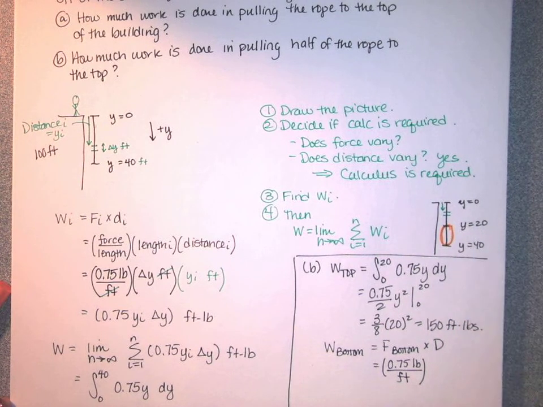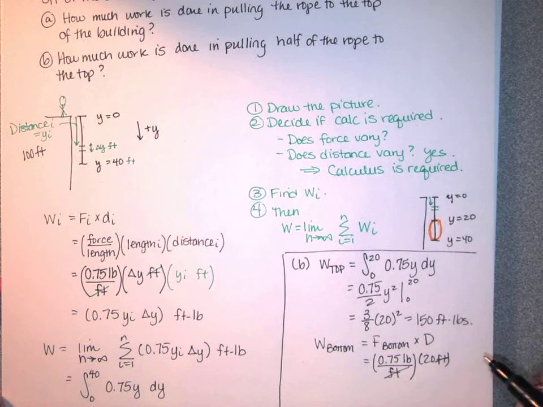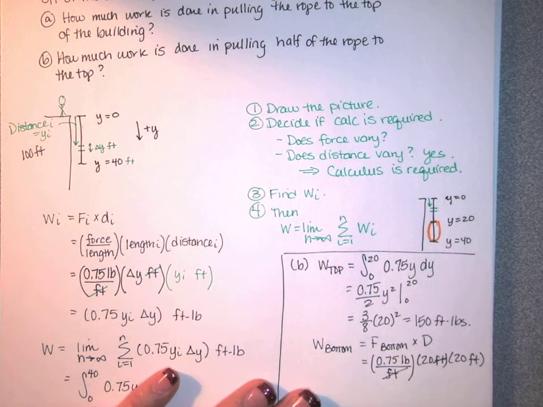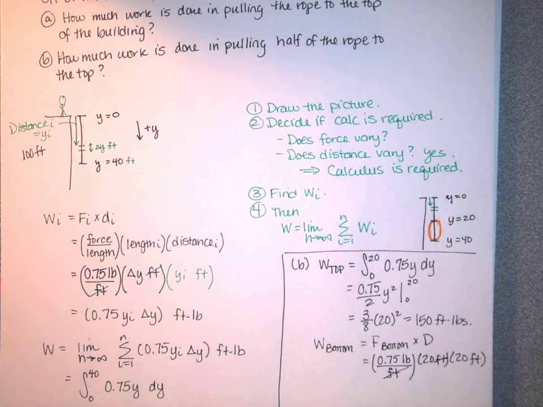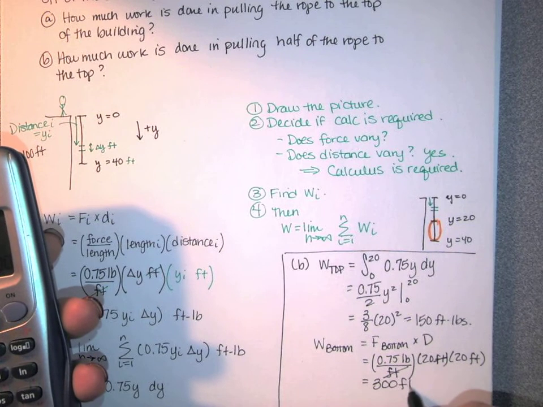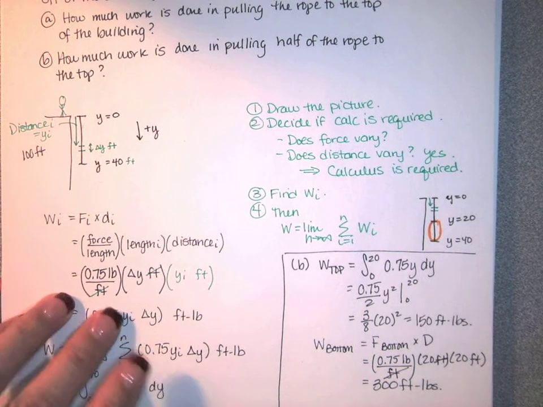Well, for half of it, that's 20 feet. So we have this many pounds of force acting on it, and it moves through a distance of 20 feet. So now we've got 0.75 times 20 times 20, and that is 300 foot-pounds of work to move just the bottom.